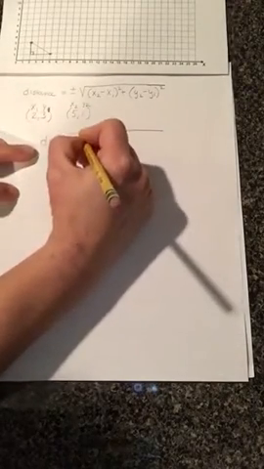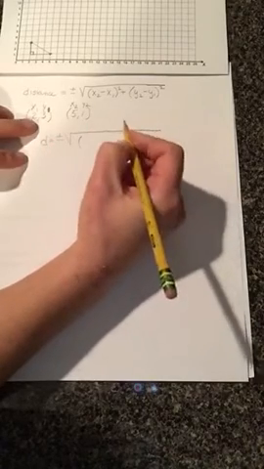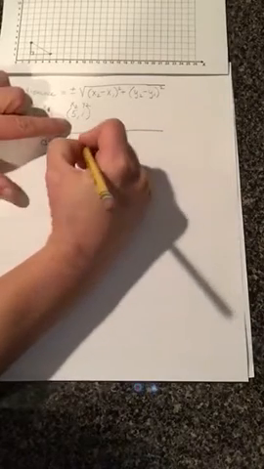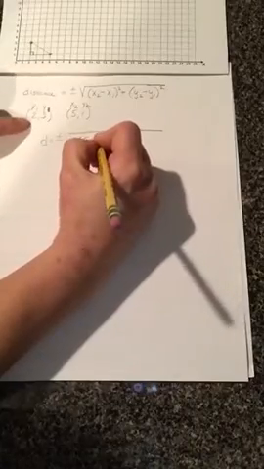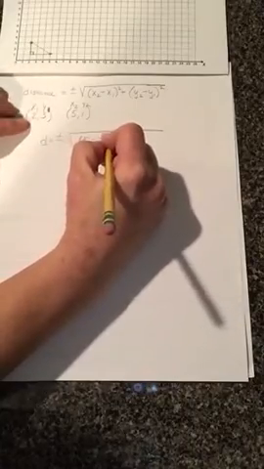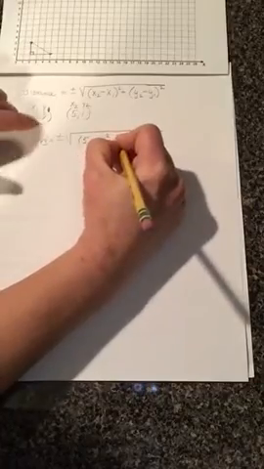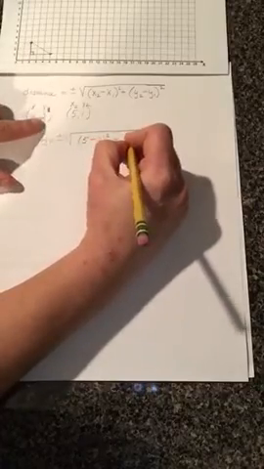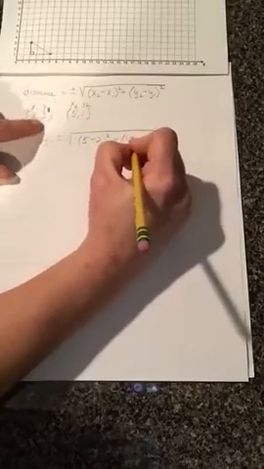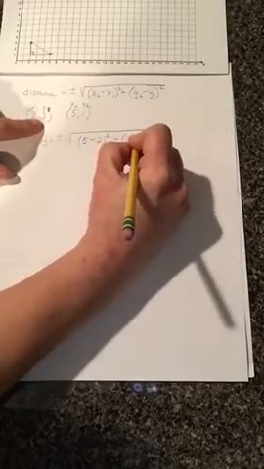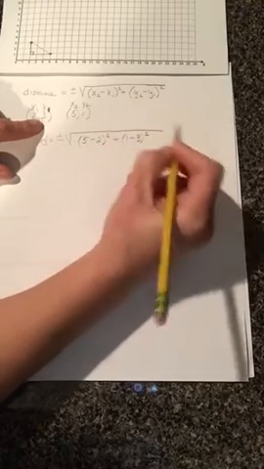So the first number we need is going to be x sub 2, which is 5. And we're going to subtract x sub 1, which is 2. That gets squared. And then plus y sub 2, which is 1, minus y sub 1, which is 3. And that gets squared.